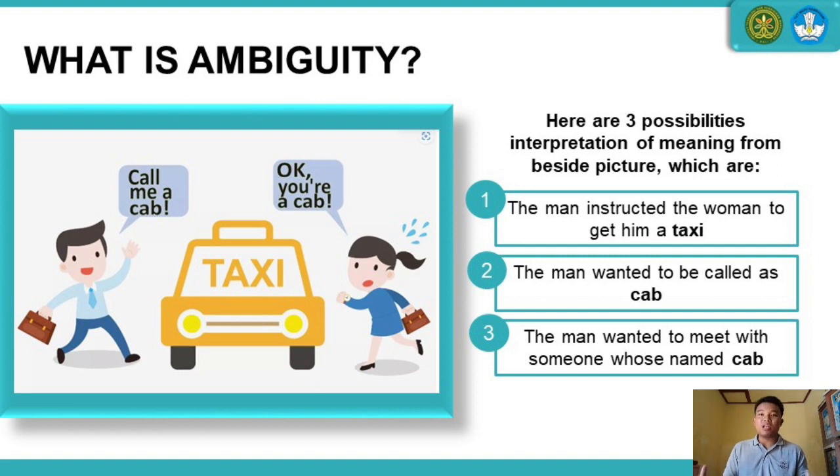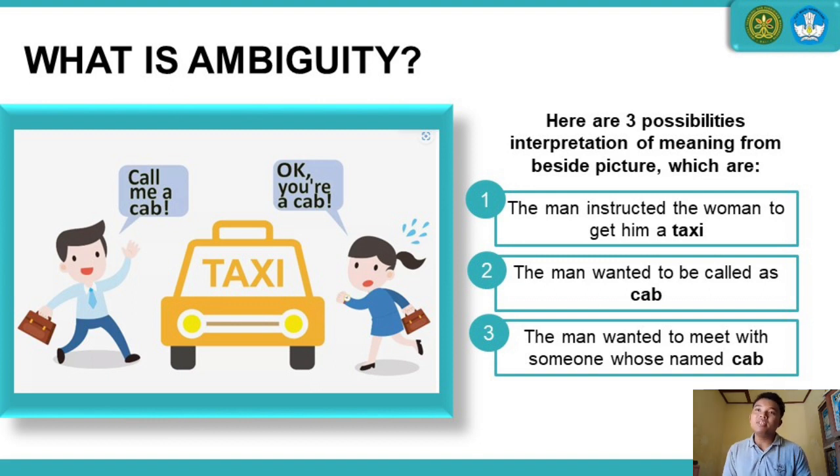Let's break down several interpretations of this utterance. There are three possible interpretations of the picture you have seen on the slide. The first one is that the man actually instructed the woman to get him a taxi, because, as I stated before, in British English, cab means a taxi.